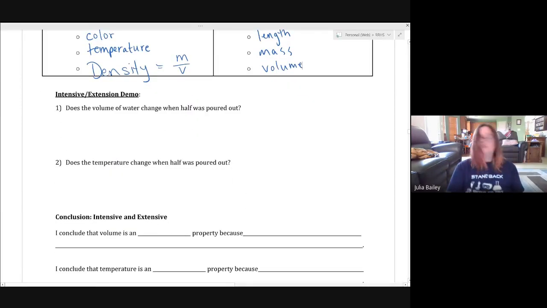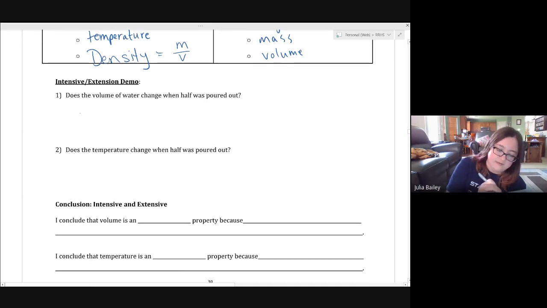So let's think about if I have 2 cups of water. Here's a big cup of water. Okay, and I'm going to have 2 empty cups. I'm going to take half of the water that's in here and pour it into these cups.